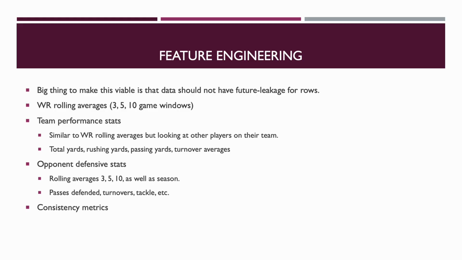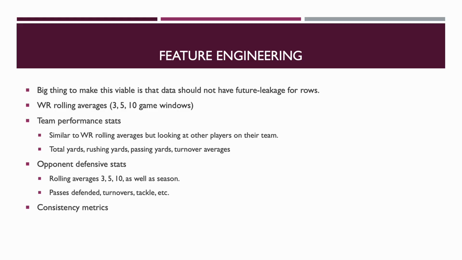And for this, similar to wide receivers, I calculated these on a rolling average, where we wanted to see how that team performed within the past 3 games compared to the past 10 games or the whole season, in order to see how this may affect a wide receiver's performance.